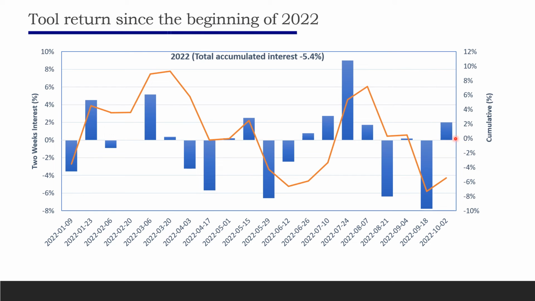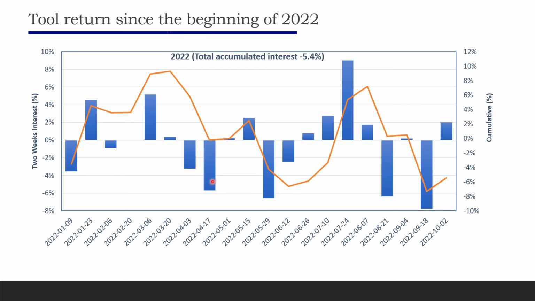If we add this 2% average return to our performance since the beginning of the year, we end up somewhere around -5%. Again, on the right axis you can see the accumulative return, and on the left you can see the return of each individual package.